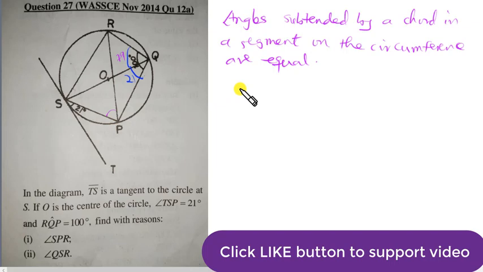All right, so if you look at the angle here, that is SPR, it is subtended by the chord SR, and this same chord SR forms the angle here.